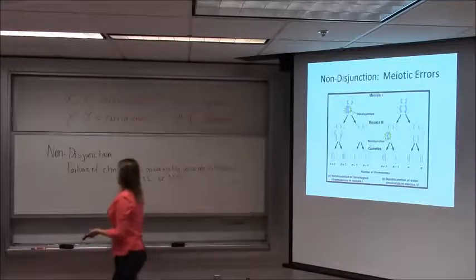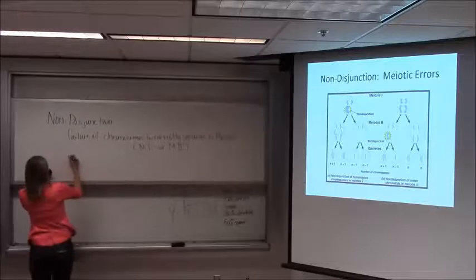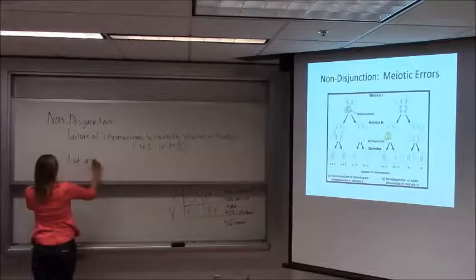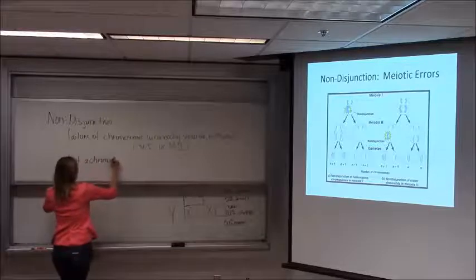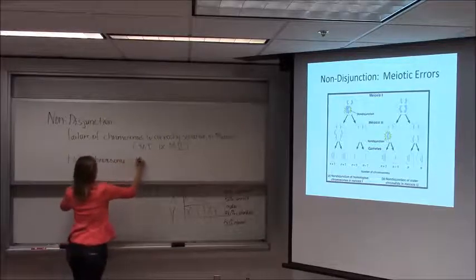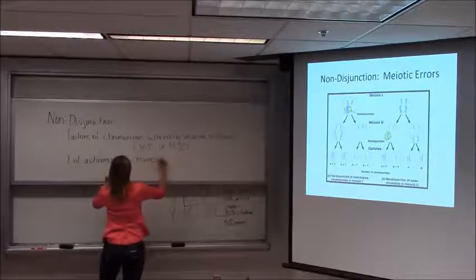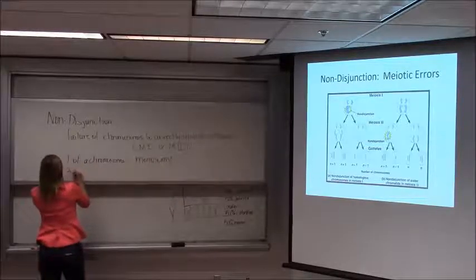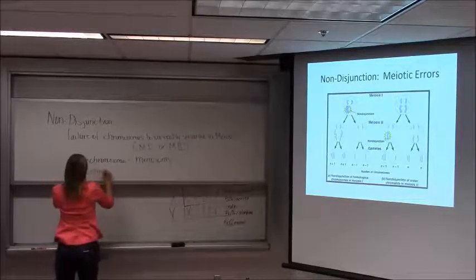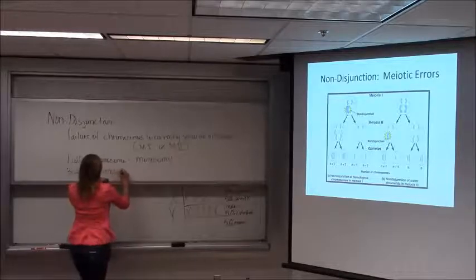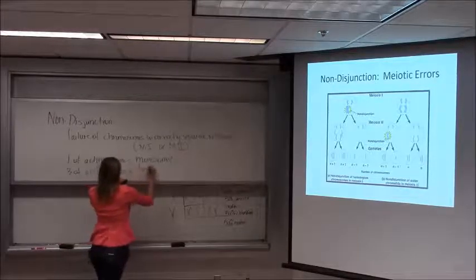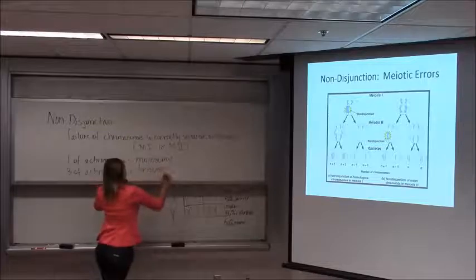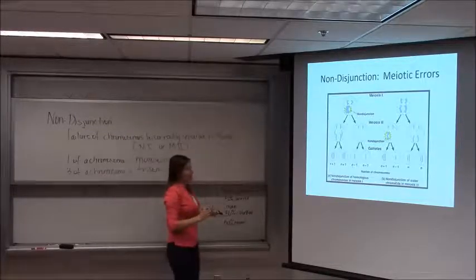If you end up with 1 of a chromosome, remember you're supposed to have 2 of each, it's called a monosomy. 3 of a chromosome is called a trisomy. Monosomy and trisomy.